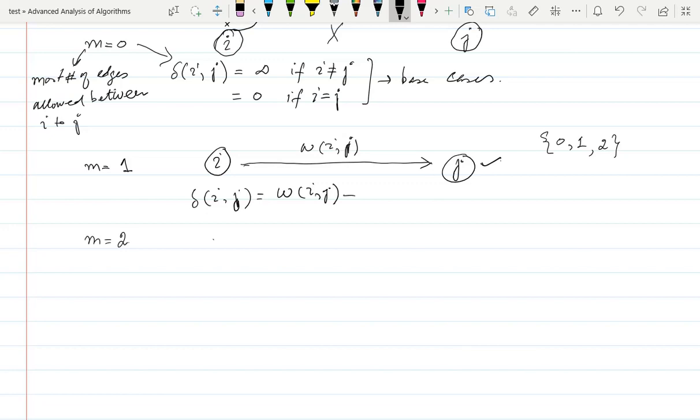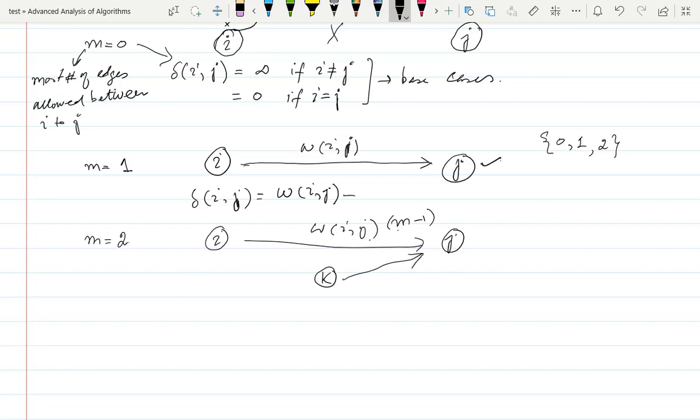Then I am using at most m minus 1 edges. Let's say this is our old path. Now if I allow one more edge, that means I can have one more edge allowed to go.